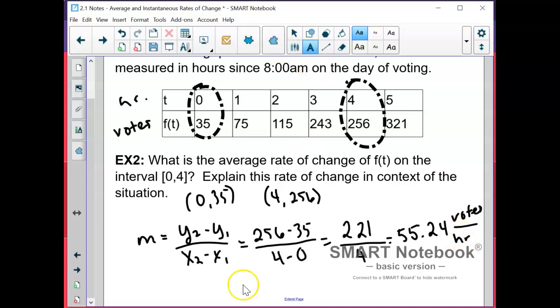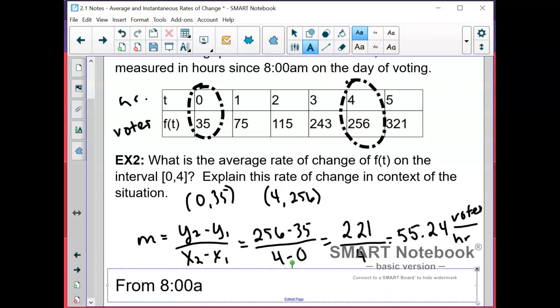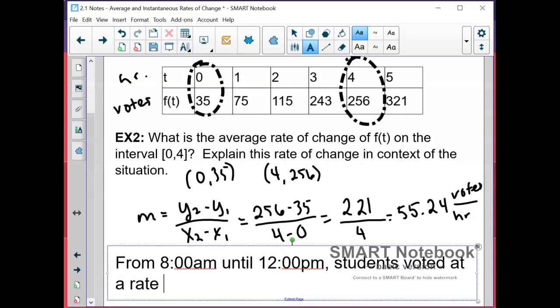So we could say that from 8 a.m. until 12 p.m., so from 8 a.m. until noon, because those are the first 4 hours, students voted at a rate of about 55.25 votes.